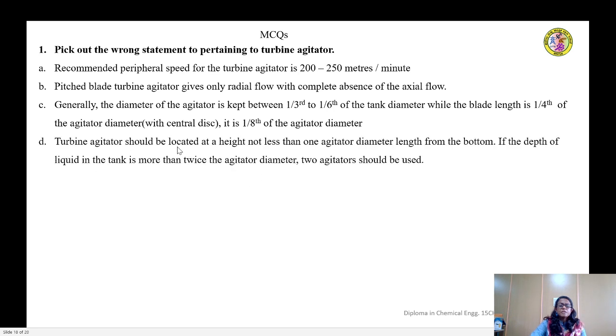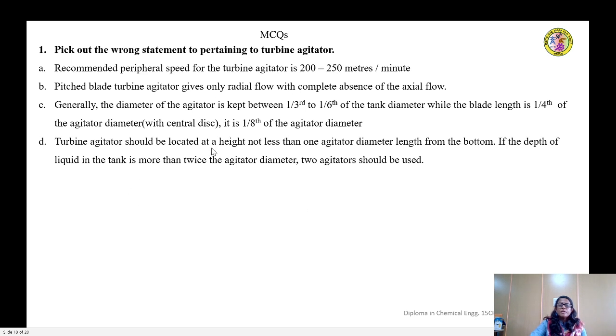The turbine agitator should be located at a height not less than 1 agitator diameter from the bottom. If the depth of the liquid in the tank is more than twice the agitator diameter, two agitators, that means two impellers, should be used. You can say agitators and impellers for the same element.